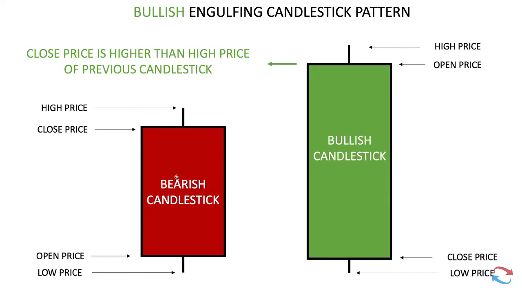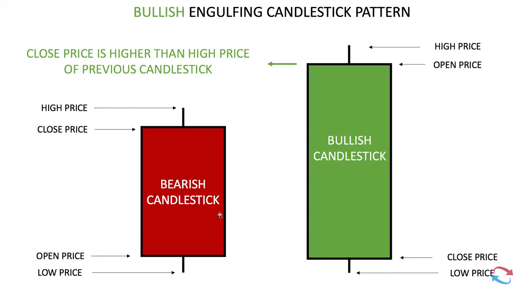So we're looking for price to reverse, so go to the upside. What you need to see is sellers in control. So supply should be the candle that you want to see first, which indicates that the sellers are in control. And then the second candlestick you want to see is a bullish candlestick.